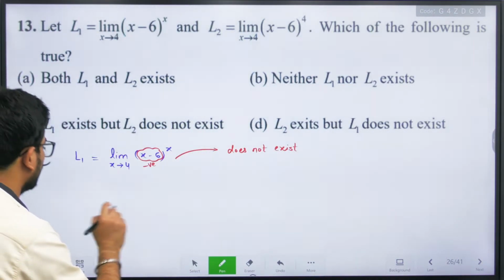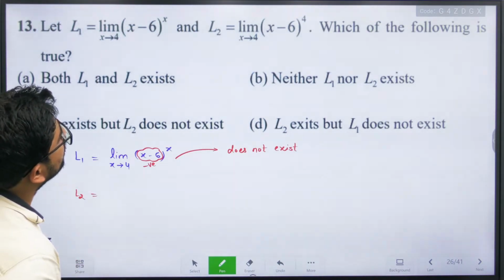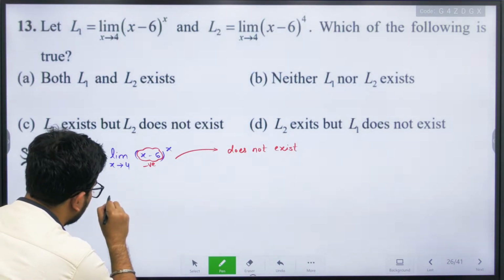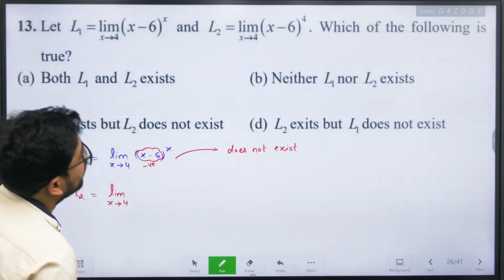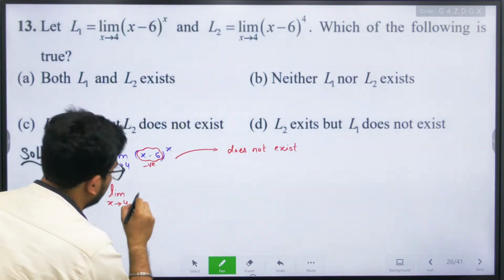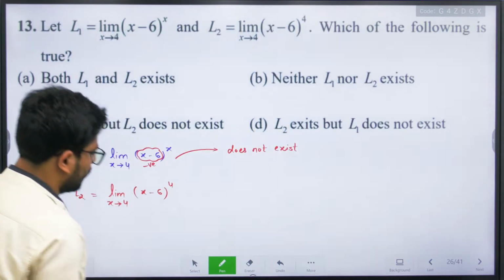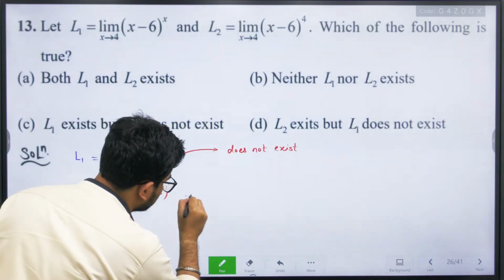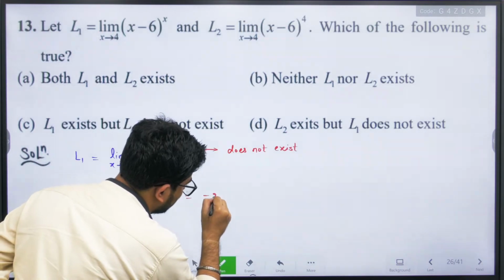Now what about L2? L2 is limit x tends to 4 of x minus 6 to the power 4. So this time, sir, 4 minus 6 is direct substitution, minus 2.